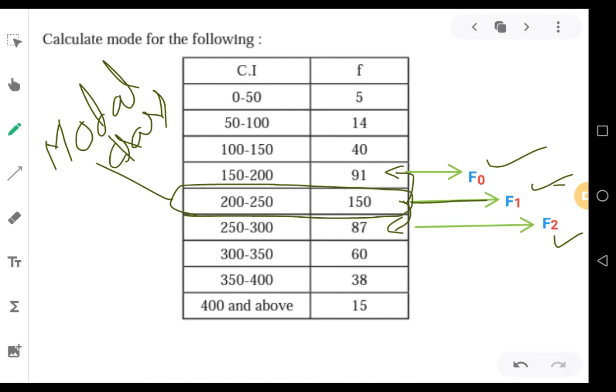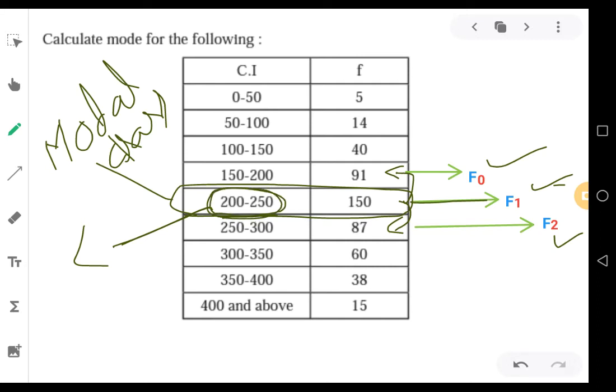Mark the lower class limit of the modal class interval as L. The class interval of the modal class is 200 to 250. 200 is the lower limit, 250 is the upper limit. So the lower limit you have to mark as L. Then you find the class width of the modal class.